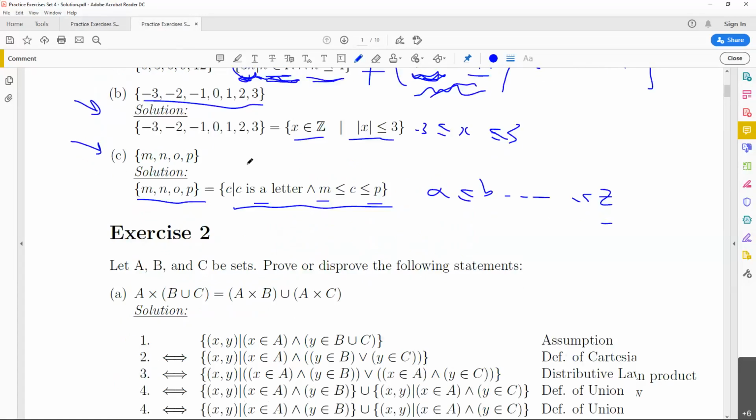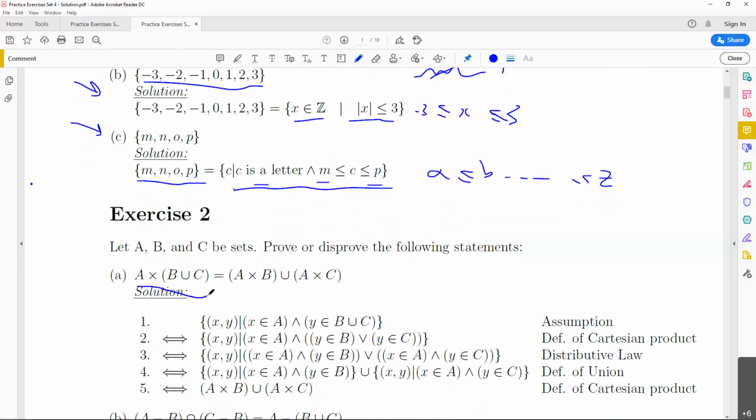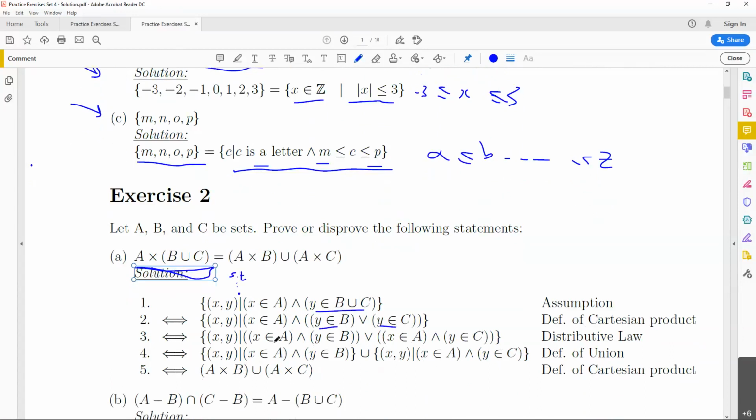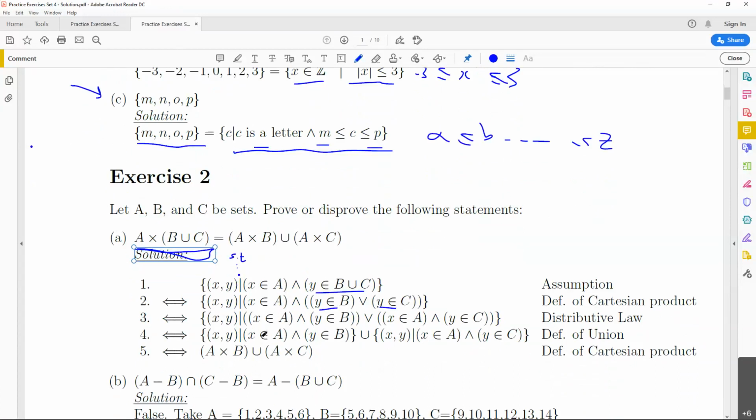Let's see the proof. Starting from the left-hand side, A cross (B union C), it's (x, y) such that x is in A and y is in B union C. Okay, what does this mean? It just means either y is in B or y is in C. Distributive law, the actual distributive law of propositions.